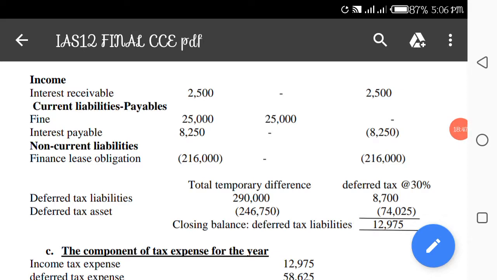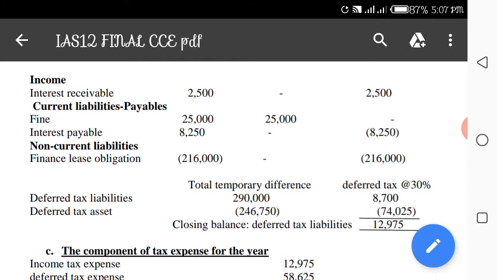When you multiply with 30% is 87 million, not 8,700,000. It's a mistake from my part. It's a typical error. 87 million. So the difference will now give us 12,975,000. So this is our deferred tax liability.